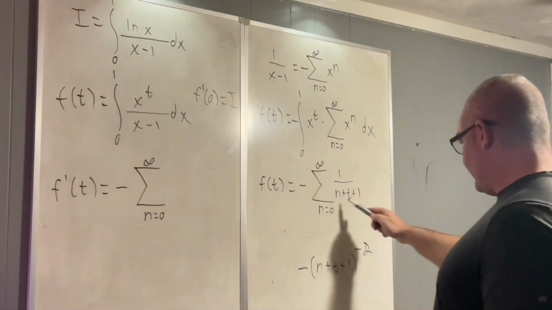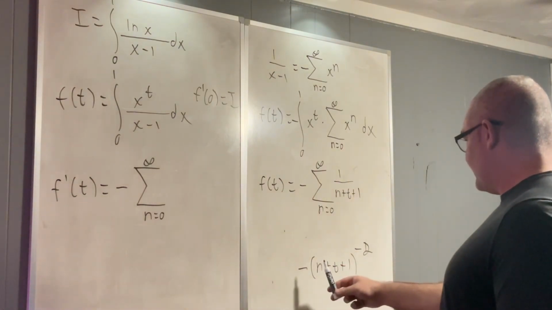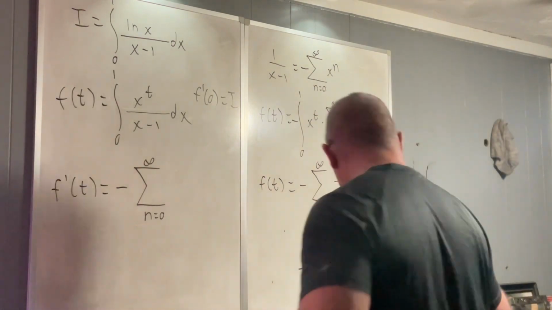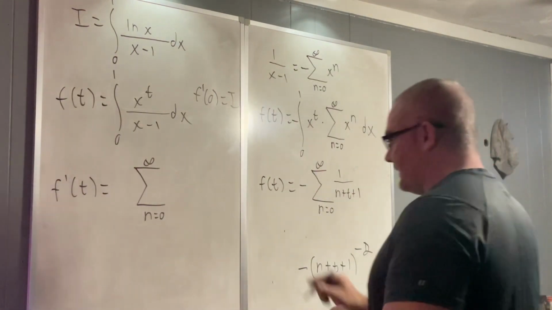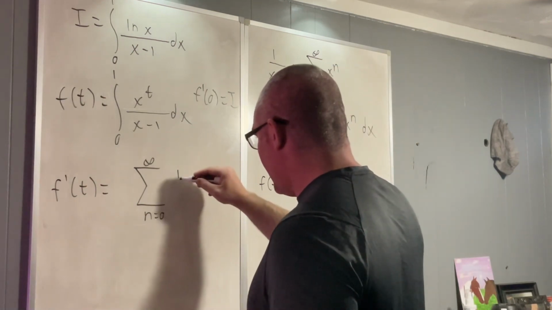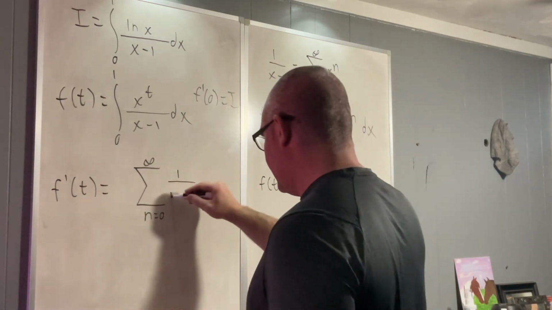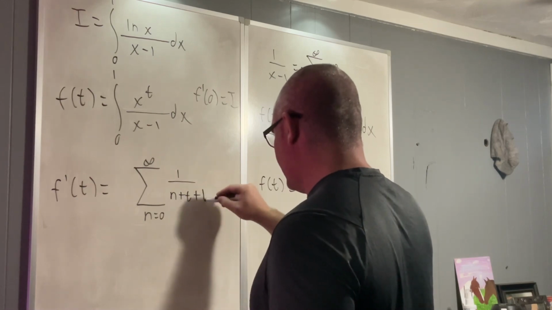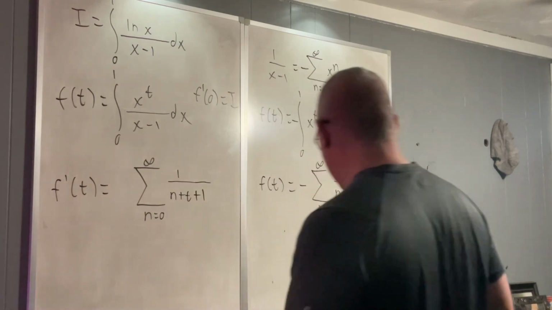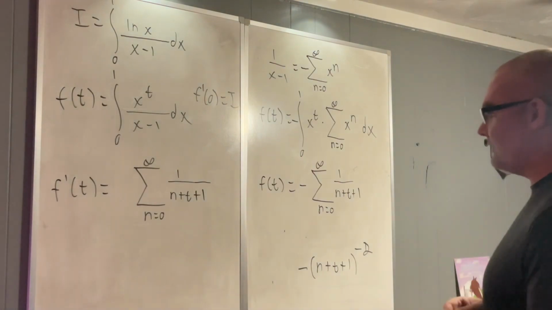Taking the derivative of this will give us a negative sign. So that will cancel this negative sign. And then we just have 1 over n plus t plus 1 squared. All right, so there is our f prime of t.